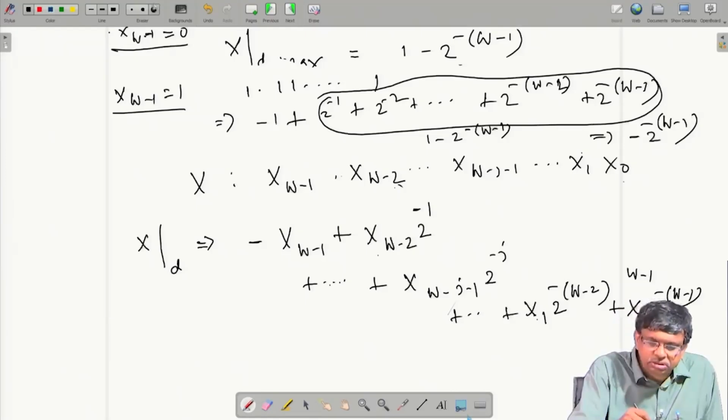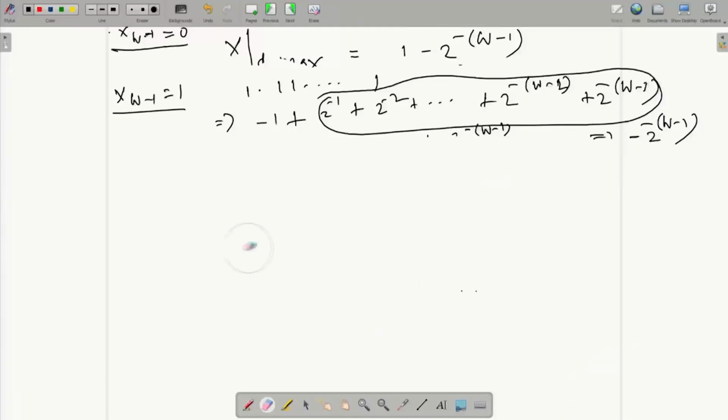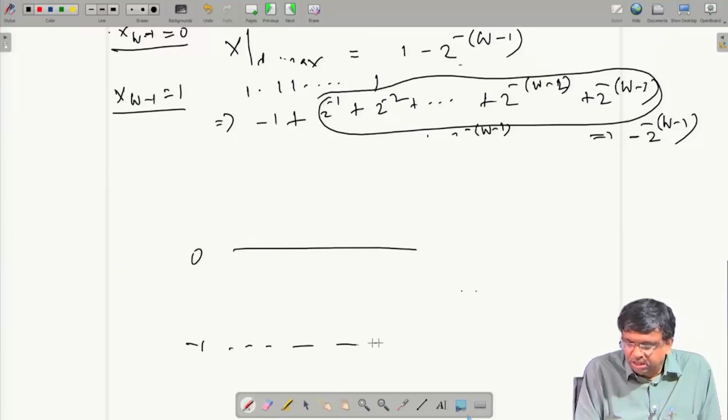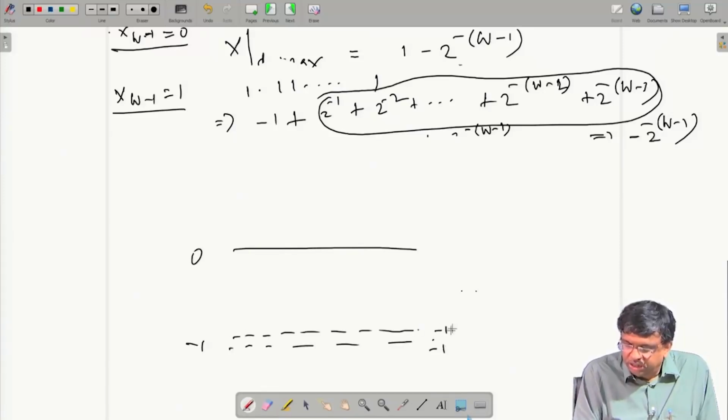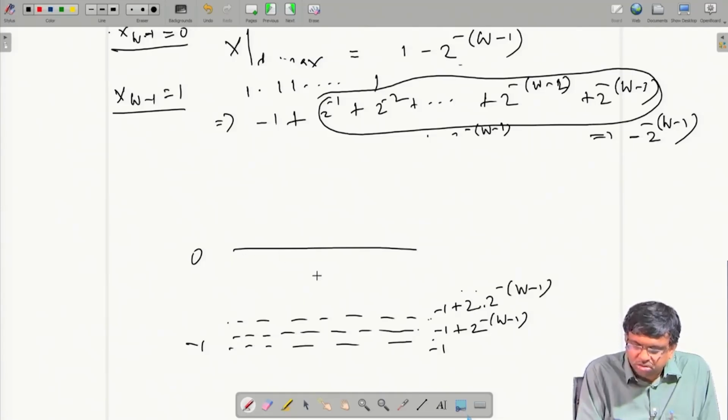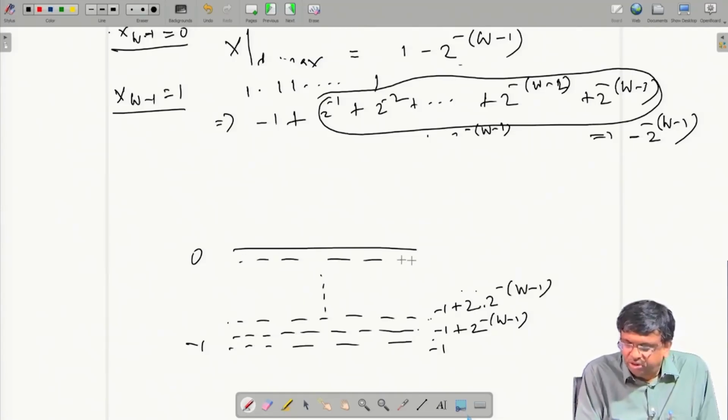which means if it is decimal 0 and is minus 0 and minus 1, this is minus 1, then you go up, this is minus 1 plus 2 to the power minus w minus 1, so this is minus 1 plus twice 2 to the power minus w minus 1 and dot dot dot dot. Finally, we are here.